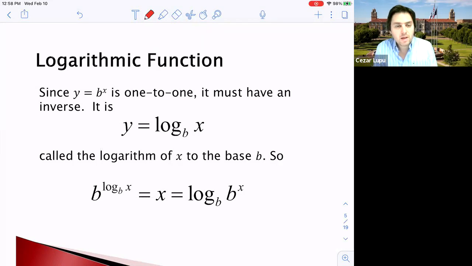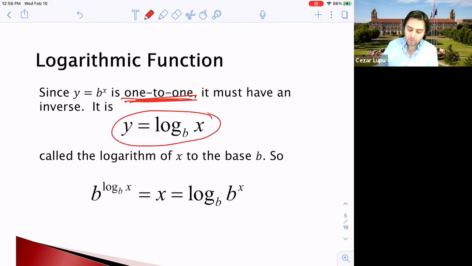Since y equals b to the x is 1 to 1, so pay attention to this fact. We said what 1 to 1 is at the beginning. So since this is 1 to 1, we must have an inverse. And the inverse, guess what, is given by this. So this is what we call the logarithm function. This is nothing else than the logarithm of x to the base b.